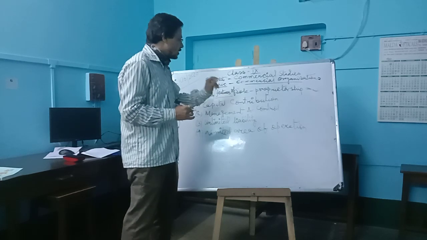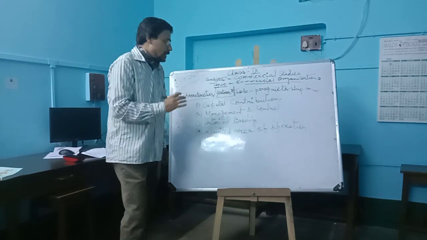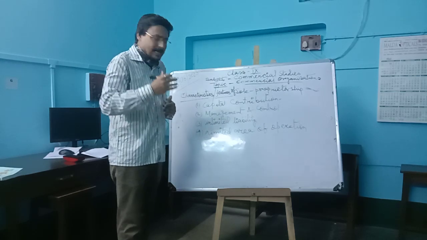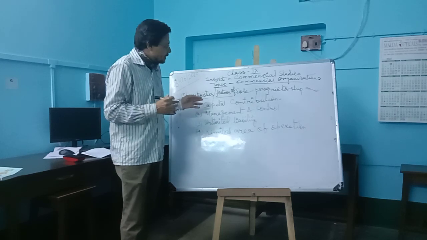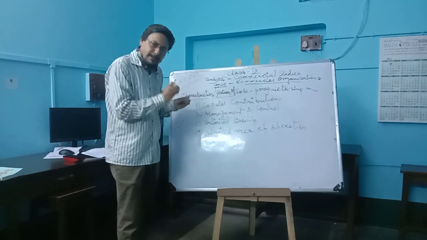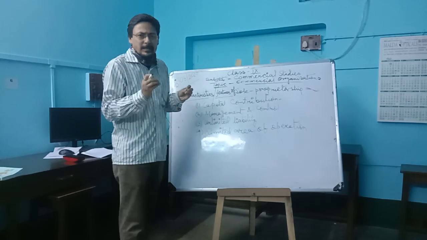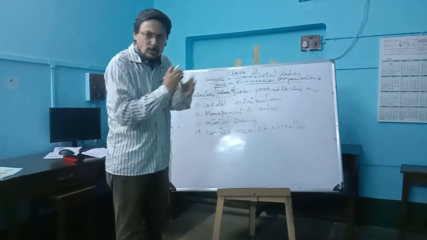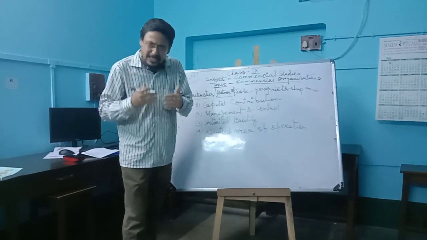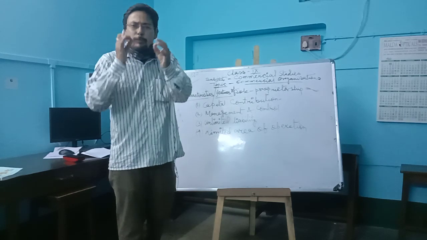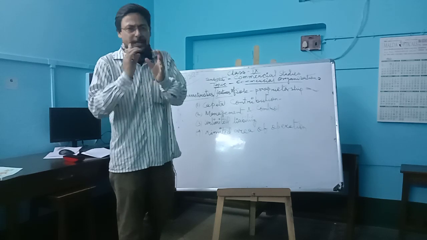First one, capital contribution. What is capital contribution? Actually, sole proprietorship business is separated from the other businesses. Why? Because a huge amount of capital is involved in it by the person himself. No other person will give capital to be involved in the business. So he or she will manage the full amount of capital for starting the business, for introducing the business in his own way. Clear?